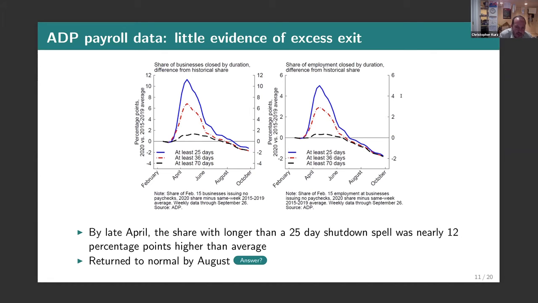You'll see that quickly that deviation jumps up to about 12% in April and May, and starts heading down by June. And really by the time we hit August, the share of businesses closed returns to normal, and actually falls below the normal share of businesses that weren't making payroll. Quite a surprising result when we first saw it, but I think the rest of the information we're going to walk through today is going to reinforce this idea that the share of businesses that aren't making payroll or that are not open anymore is not surprisingly elevated.